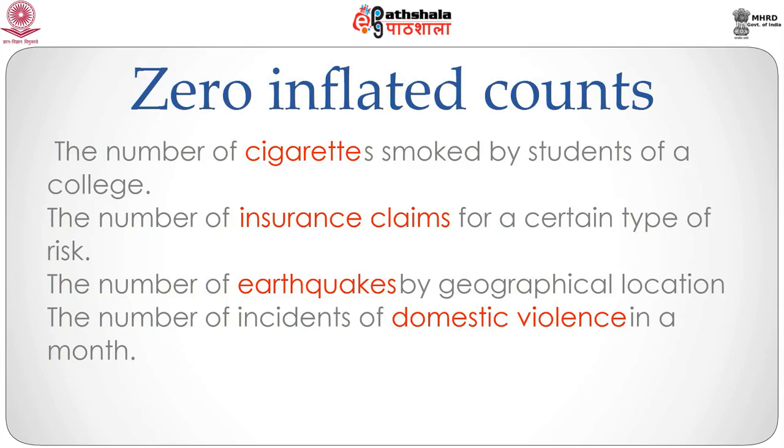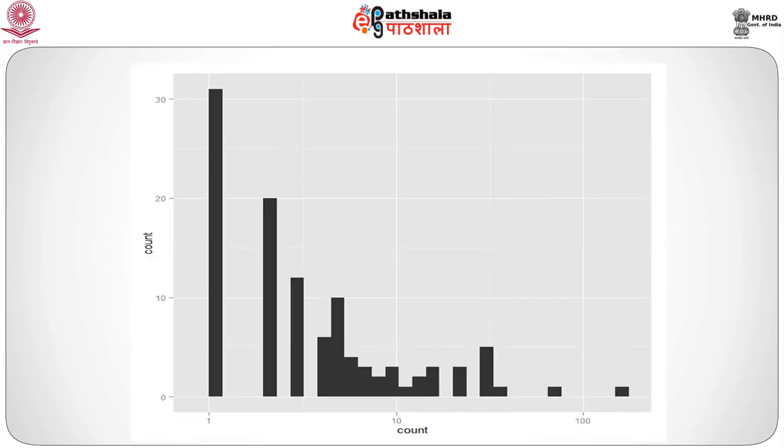Now, this set of examples is somewhat distinguished from the previous examples you have seen of counts, and the reason is that if you were to collect data on any one of these variables and to plot a histogram of the data, you might expect to see something like this.